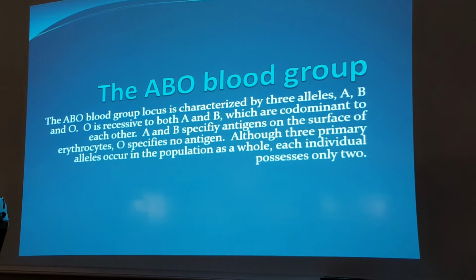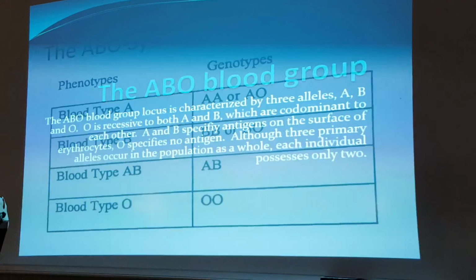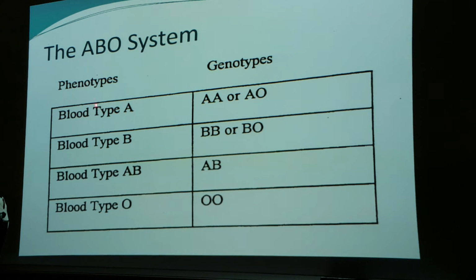So in that regard, you could say they're codominant. Type A, you're either heterozygous or homozygous, and you'll still be type A. With type AB, you can only have one genotype. And type O is just the absence of the gene for either antigen. You have no antigens on your blood cells.